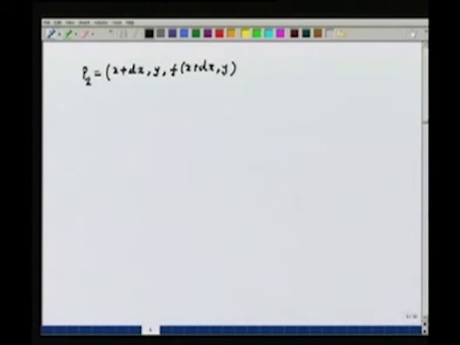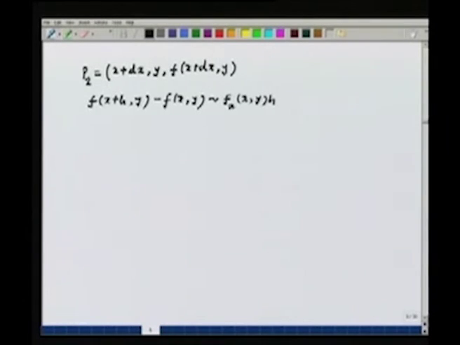Now what I am going to use is the following: if I look at f of (x plus h, y) minus f of (x, y), this is approximately equal to fx at (x, y) times h. That is the linearization of this curve.